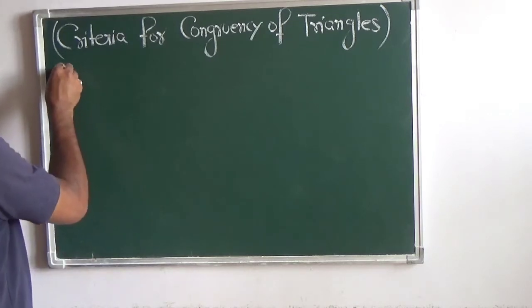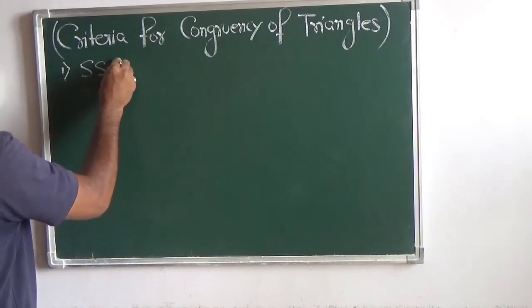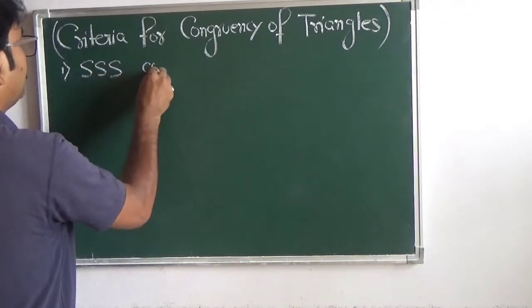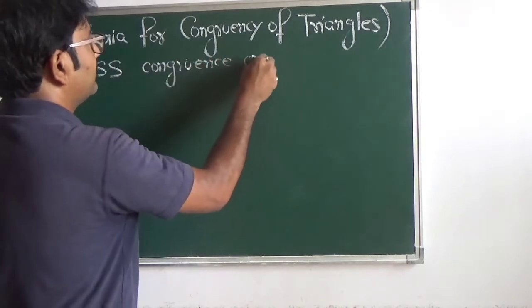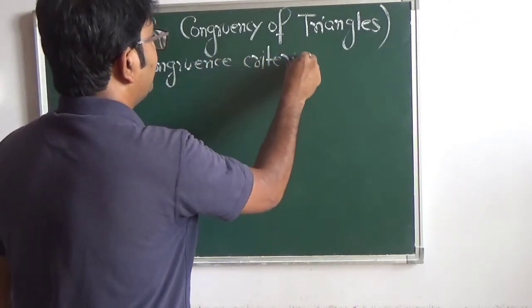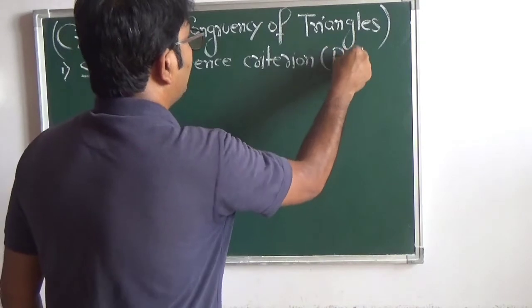So first one is the S congruence criteria, or which we call as rule.